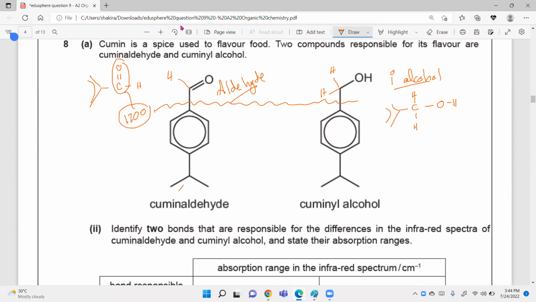And here we have an alcohol, and I think this OH functional group over here is going to give a peak about 3200, probably 3200 to 3600. Now, when I wrote these values over here, I said that I think, and I was not very sure about it. Why is it? Because you are not supposed to remember this.